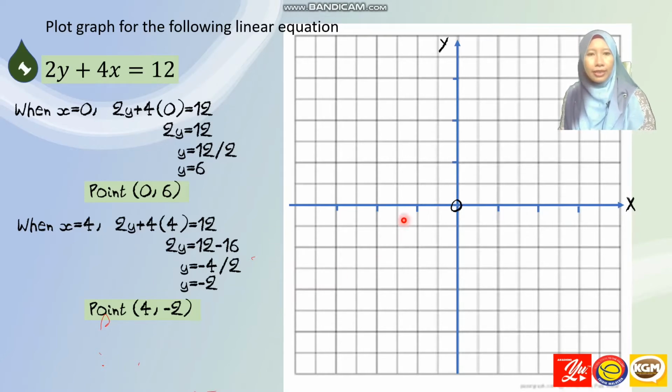Notice that when we want to plot the scale, if you have 2 spaces here, every scale must also be 2 spaces. They must be regular with each other. Yeah? The space must be regular.